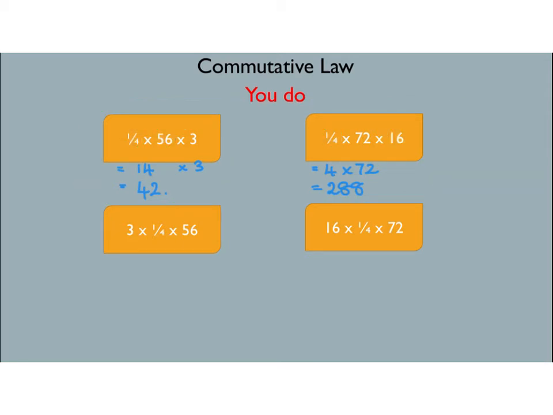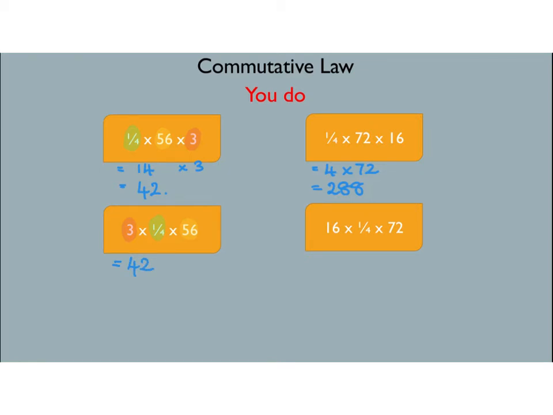Right, last two there. Again, you should notice that this one's got a quarter, and so is that one. This one's got 56, so is that one. This one has got 3, and that one's got 3. And they're all being multiplied together for both questions, so it's just the same question, meaning that this one also has an answer of 42.